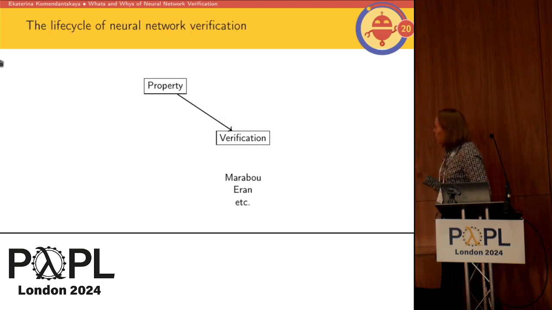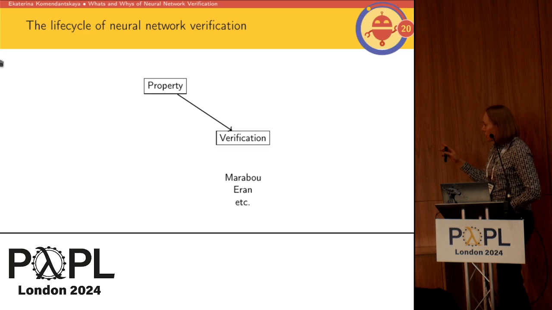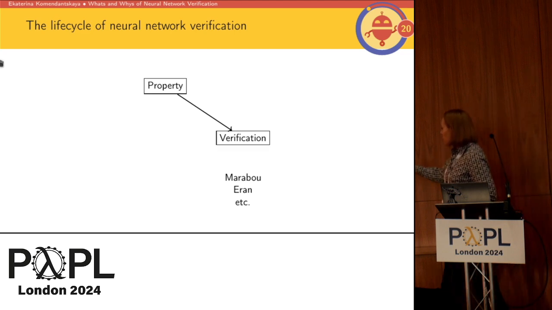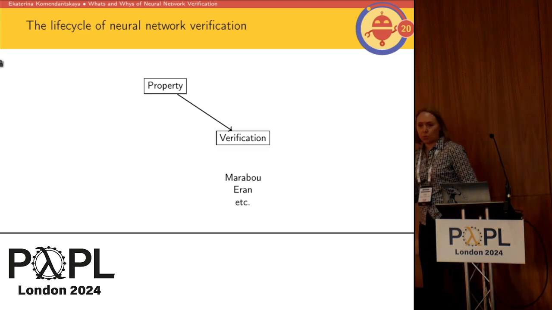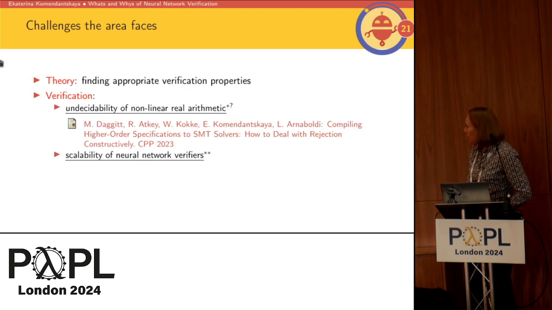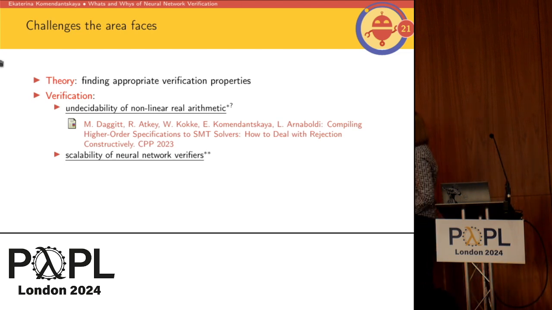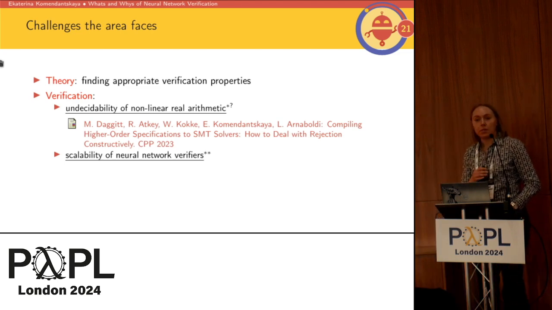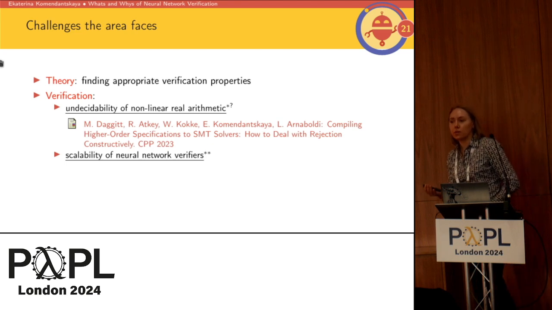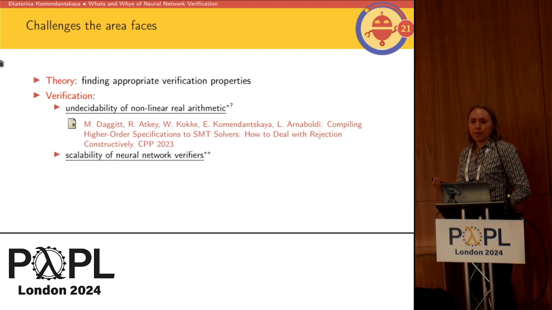Okay, so we proceed with drawing a picture. We have a property, and we found some tools that can actually crunch some of those properties. That's good. What challenges did we find on the verification side? A big challenge is undecidability of nonlinear real arithmetic. You want to reason about real numbers, and you don't have decidable algorithms to do this automatically.